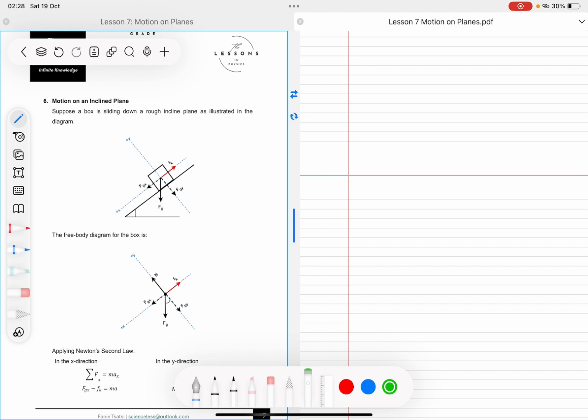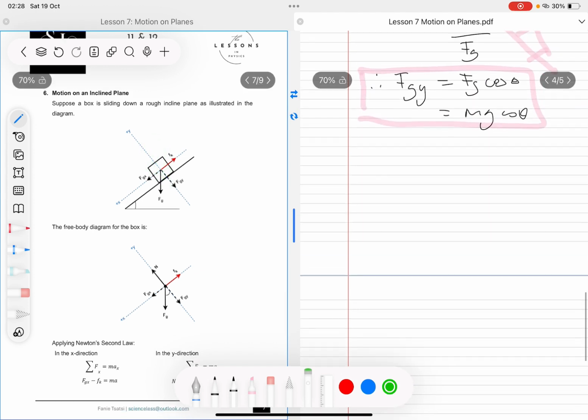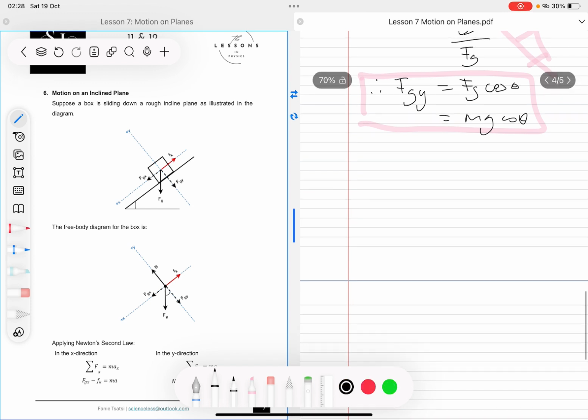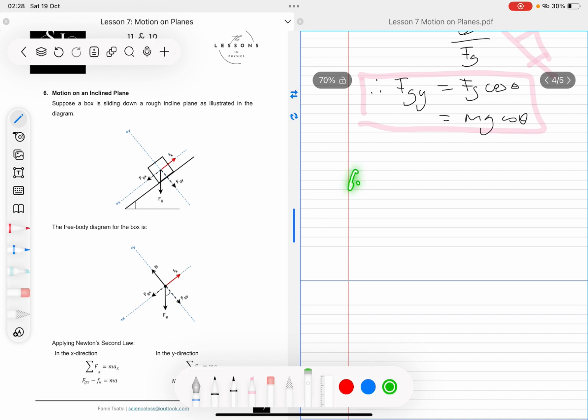Now, of course, the surface in contact with the box is pushing the box with a normal force N there, right? So now again, if you were to apply Newton's second law in this scenario, if I look at the x components, it will be mass times acceleration, right? And in this case, my x components would be mg sine theta, right?